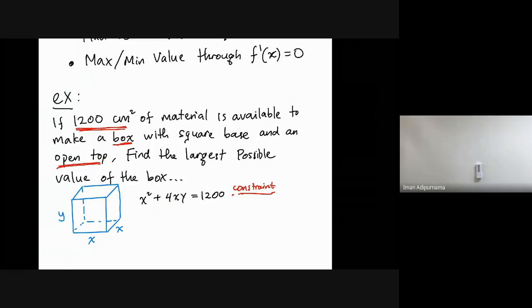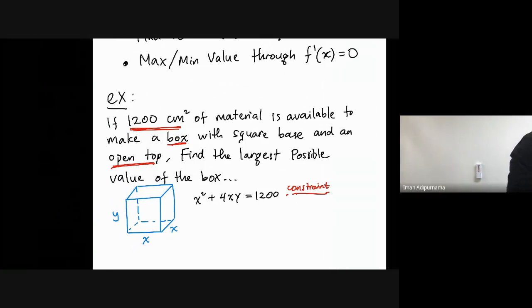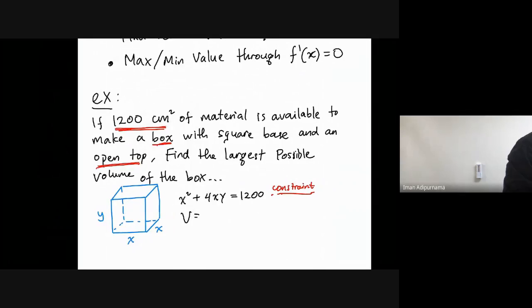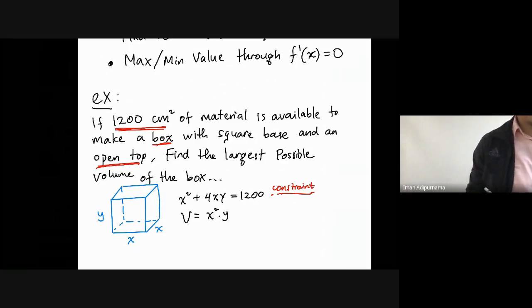And the other part is because we need to find the largest possible volume. So volume will be x squared y. And this is what we call the optimization.